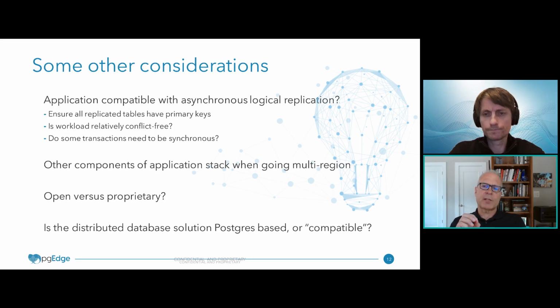And do you actually have transactions that need to be synchronous, where you need to make sure that that particular data is going to be updated consistently all at once around the network? So just a few considerations, but for the vast majority of applications, certainly not a major problem.